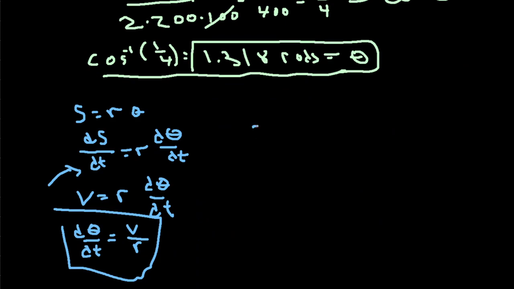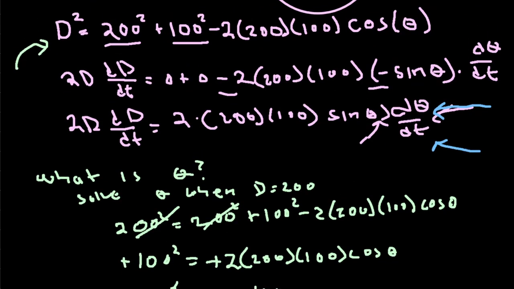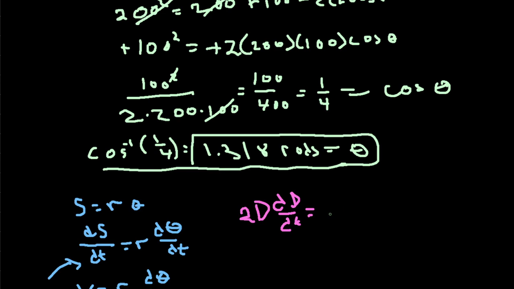So what do we have? I'm going to use a different color, purple. 2d dd dt is equal to 2 times 200 times 100 sine of theta d theta dt.